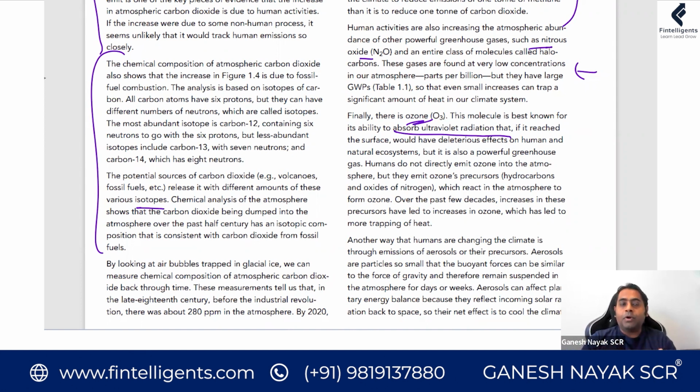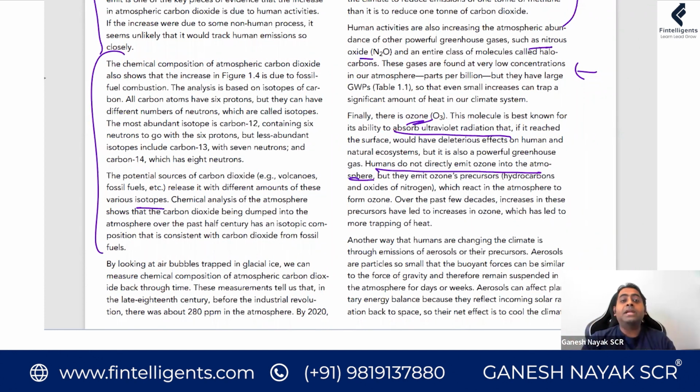But the important thing to remember over here is that humans, because of their activity, cannot directly emit ozone into the atmosphere. But humans can emit precursors of ozone. Precursor in the sense that there are certain molecules which are emitted because of human activity.